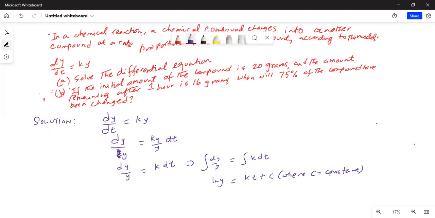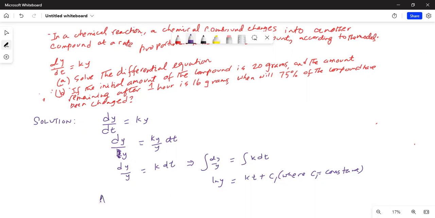We can call this integration constant c1. Now we have been given some information: the initial amount of the compound is 20 grams and the amount remaining after 1 hour is 16 grams.